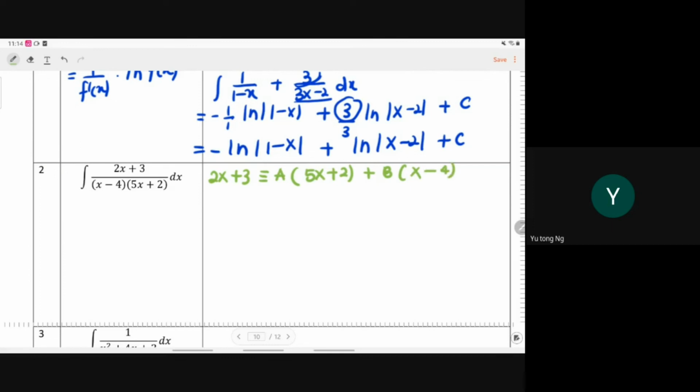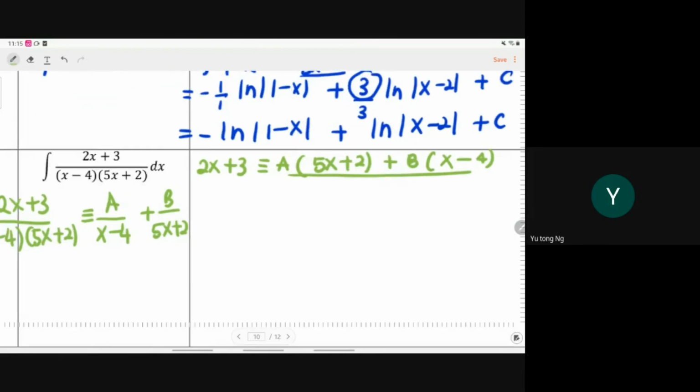Okay, so kalau kita tulis sini, (2x plus 3) over (x minus 4)(5x plus 2) equivalent to A over (x minus 4) plus B over (5x plus 2). Okay, so bila hasil cross multiplication tu kita akan dapat yang ni lah. Kita ambil yang atas sahaja. Okay, then you have to find out what is your A and what is your B.